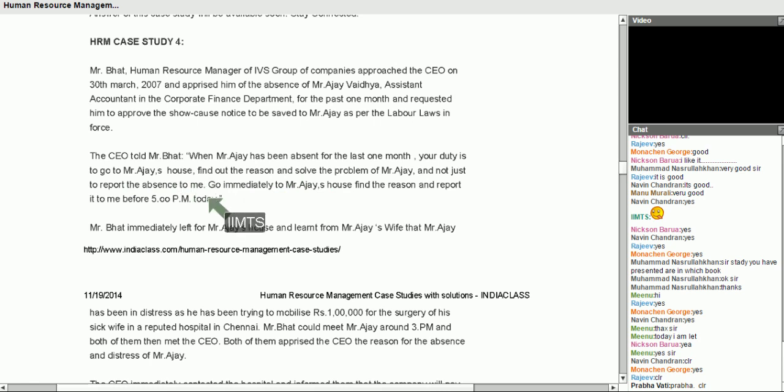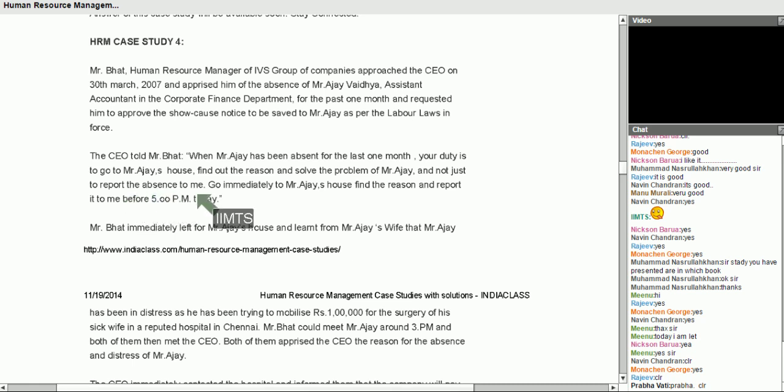So the CEO told the HR that instead of coming to him and asking him to issue the show cause notice, he should have gone to his house, found out the reasons for his absence and tried to solve his problem.